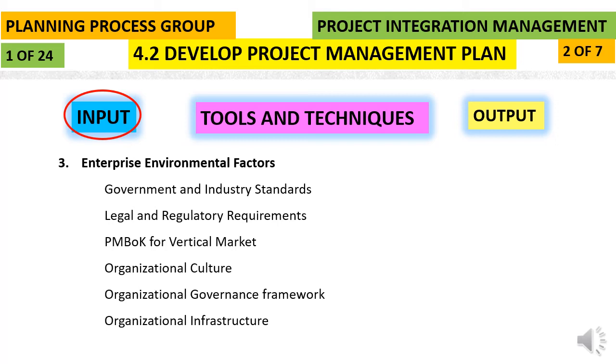The focus area will be different, might be if you're looking for environment, safety, or agile. So we may have to consider those factors also. Then organization structure, organization culture, the practices and governance framework, and the infrastructure, existing facilities and any other equipment. So these are the enterprise environmental factors.